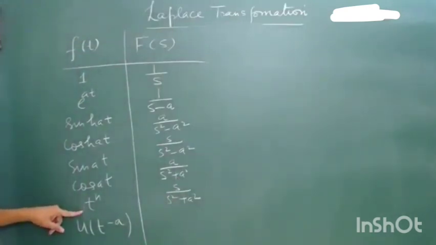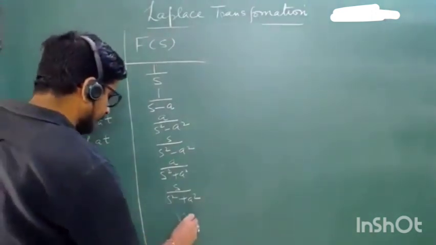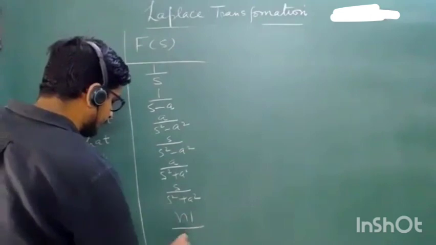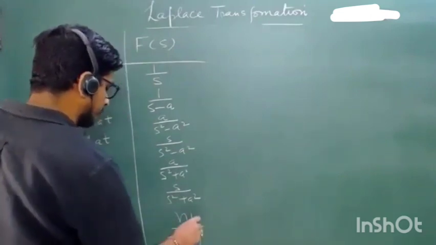T to the power n is n factorial over s to the power n plus 1.